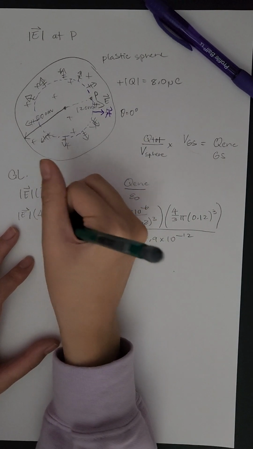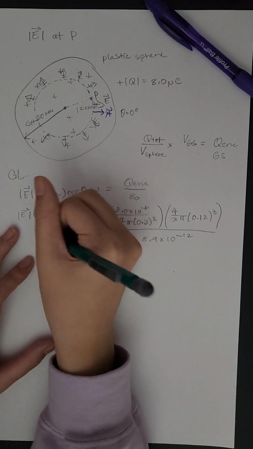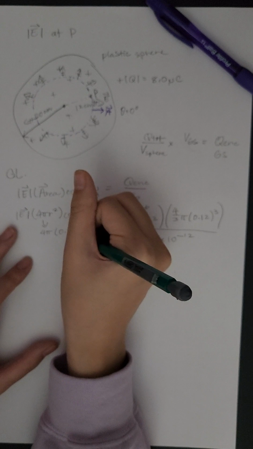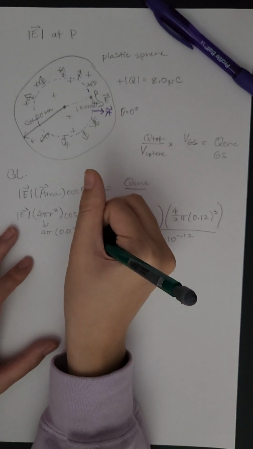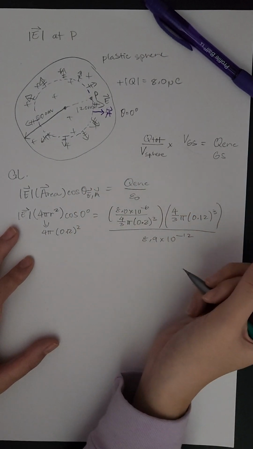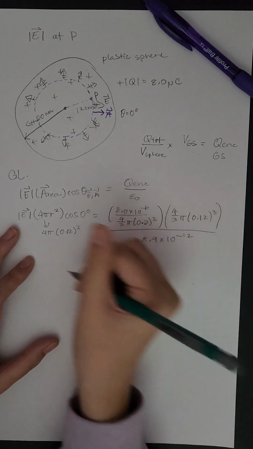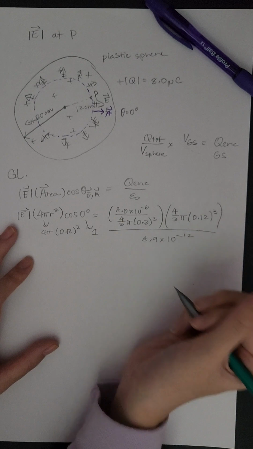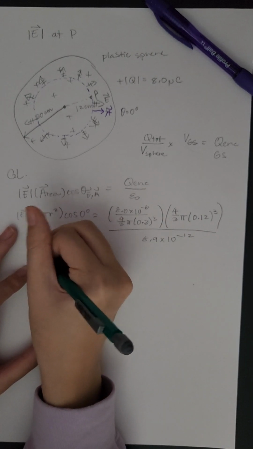And 4 pi r squared here is 4 pi, and r is 0.12 squared. And cosine of 0 is 1.